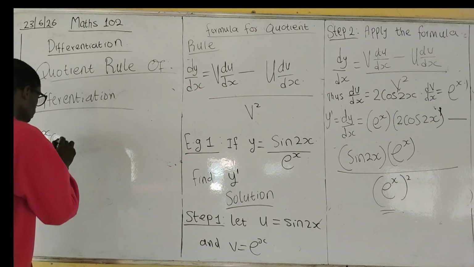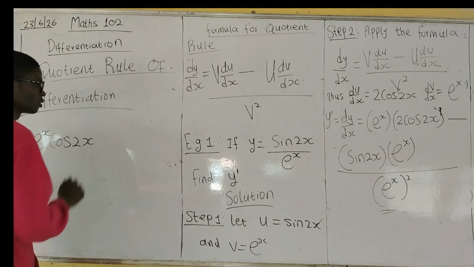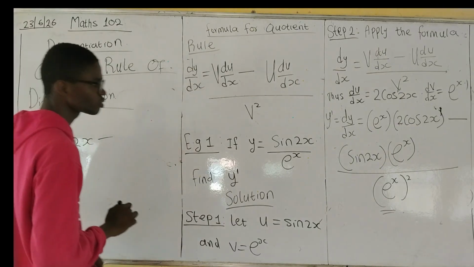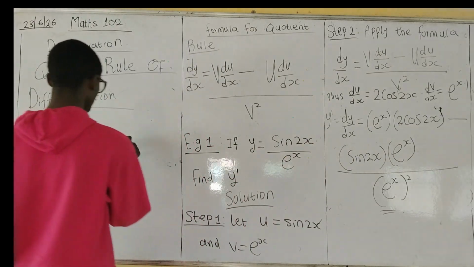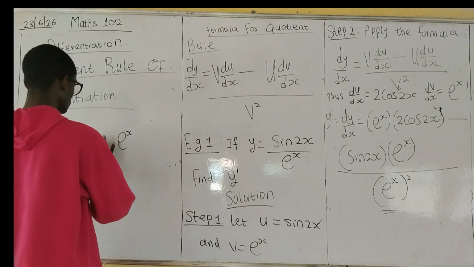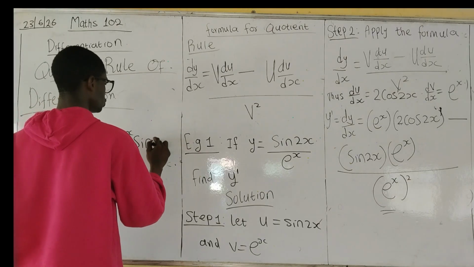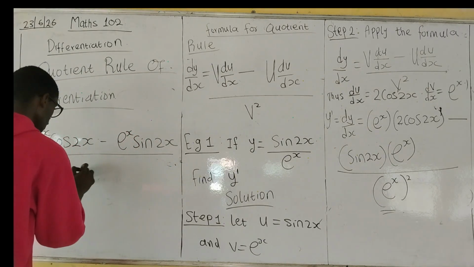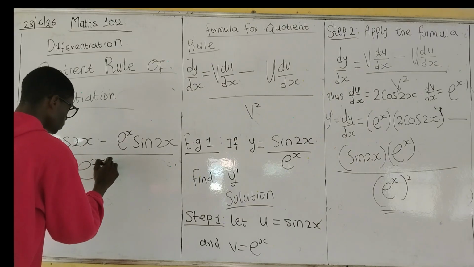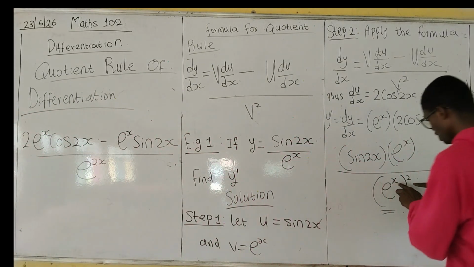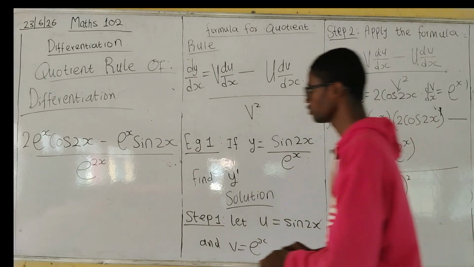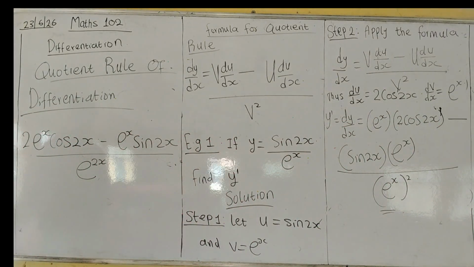Do you agree? We have this multiplied by this. Minus, this multiplied by this will give you exponential x sine 2x, over exponential 2x, because anytime you have 2 powers like this, the product is what you have, right? So beautiful. So we have something of this nature.